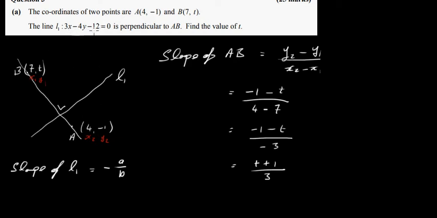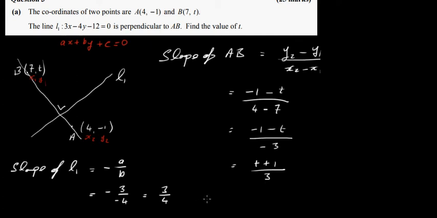In other words, the equation of L1 is written in the form Ax plus By plus C equal to 0, and the slope of any line in that format is simply minus A over B. In our case, A is 3 and B is minus 4, so minus 3 over minus 4, which is plus 3 over 4. So we have the slope of L1, and we have the slope of AB.